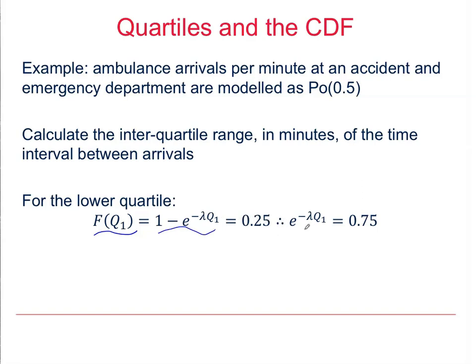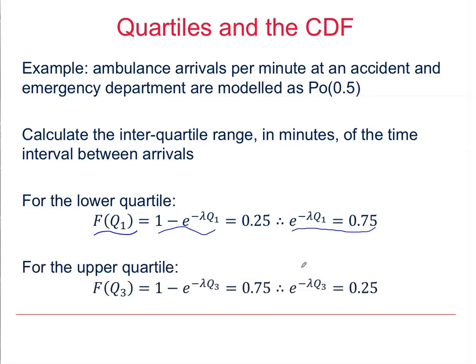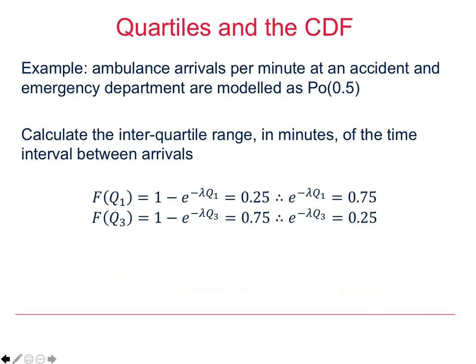Rearranging, just simply subtracting the 0.25 from the 1 and adding this term here, the exponential term, to both sides, we get this equation here to solve to find the lower quartile. The upper quartile, a similar equation, but this time entering 0.75 here together with the third quartile, and then we finish up with this equation here to solve to find the upper quartile. We don't actually need the quartiles in this case.